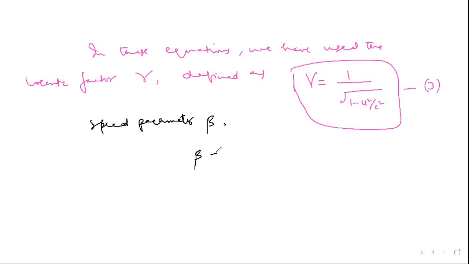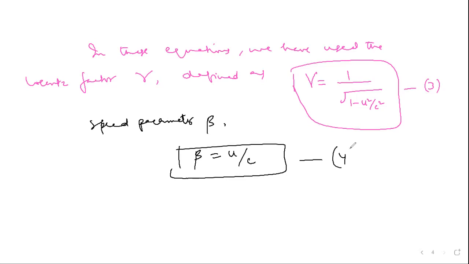That is, beta is equal to u over c. Let me name it 4.